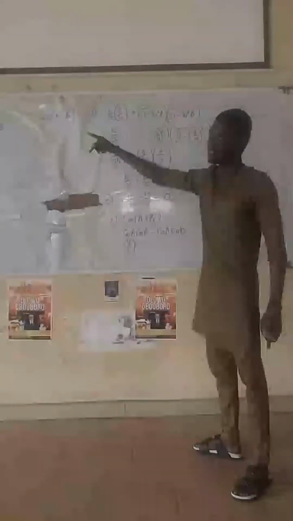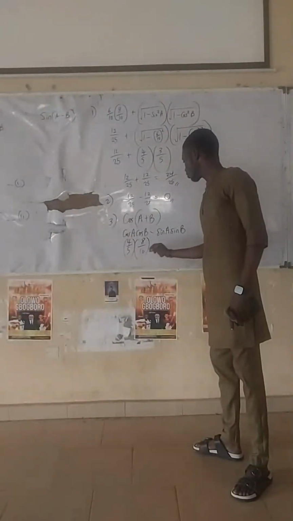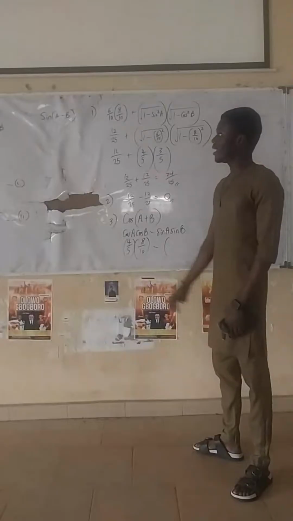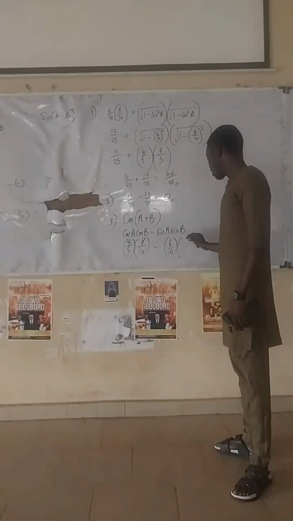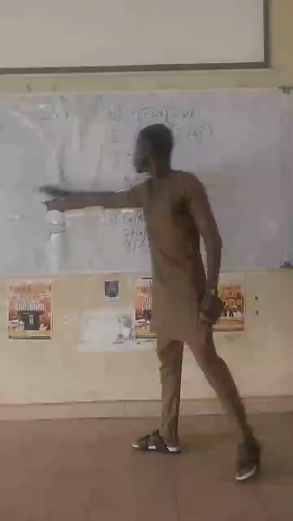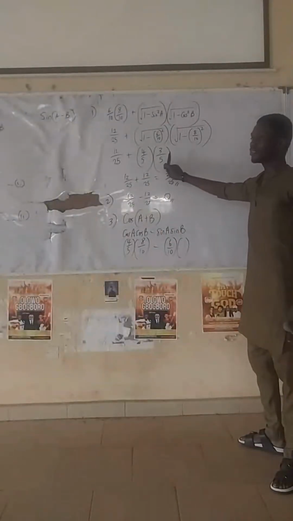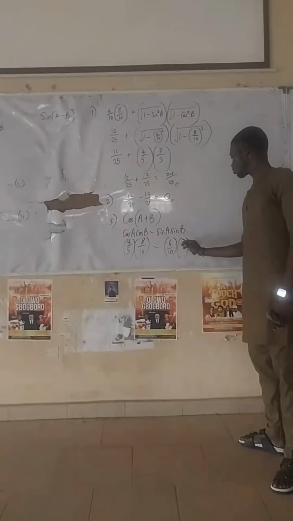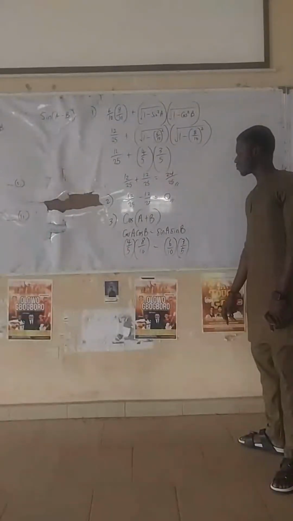And our cos B is 8 over 10 from the question. Minus sine A is given 6 over 10. And our sine B is square root of 1 minus cos square B. That's 3 over 5. Then we multiply and subtract.